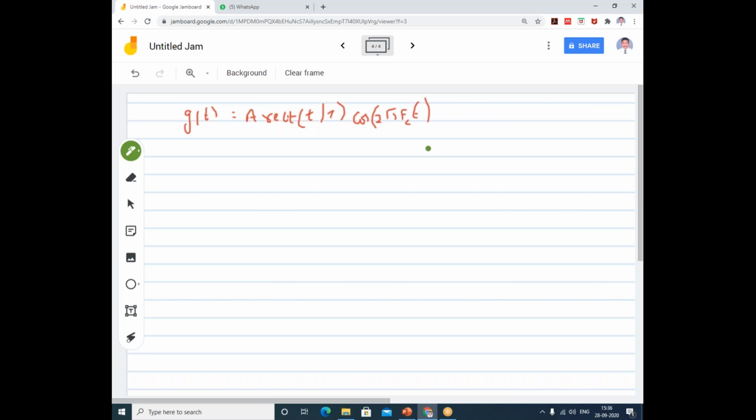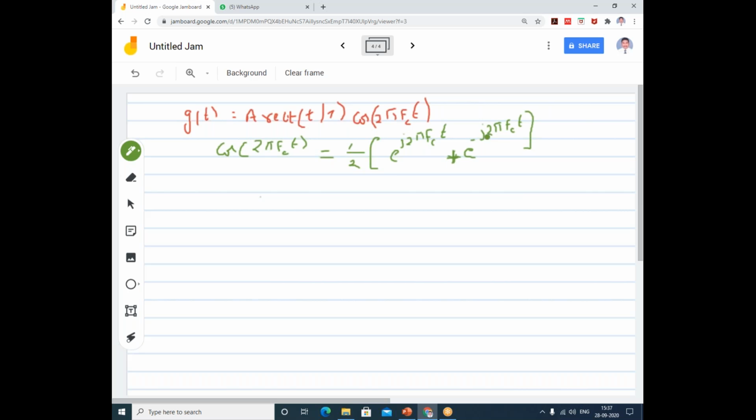I can write cos 2 pi fct as 1 by 2 into e power j2 pi fct plus e power minus j2 pi fct.